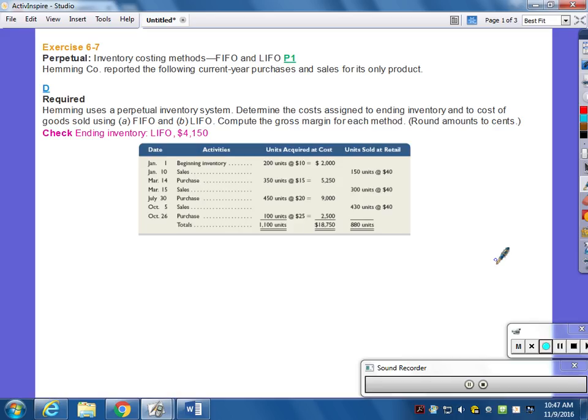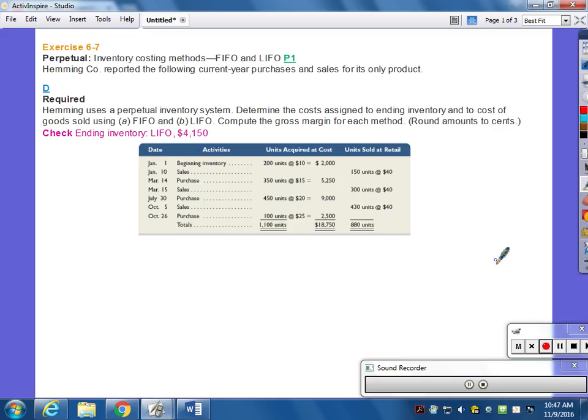Hemming uses a perpetual inventory system to determine the cost assigned to ending inventory and to cost of goods sold using FIFO and LIFO, and also compute the gross margin for each method, round amounts to cents.